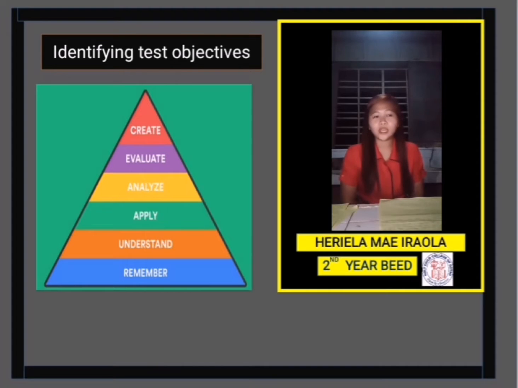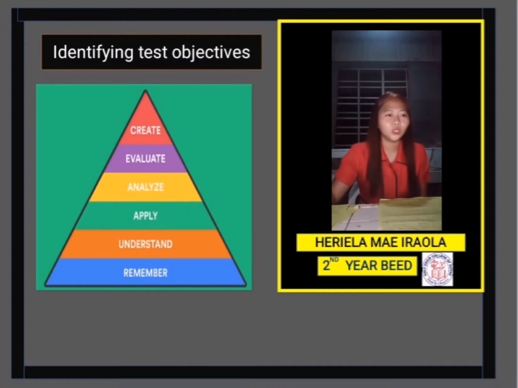Third is apply, or application, or applying. The student must be able to write sentences observing rules on subject-verb agreement, applying the facts, rules, concepts, and items. The fourth is analyze, or analyzing.